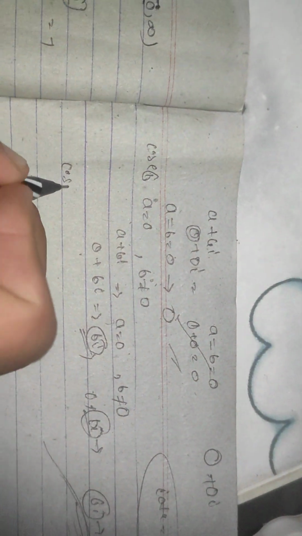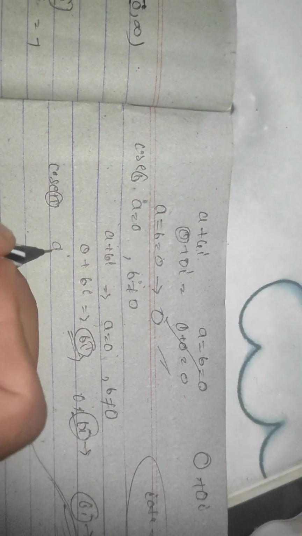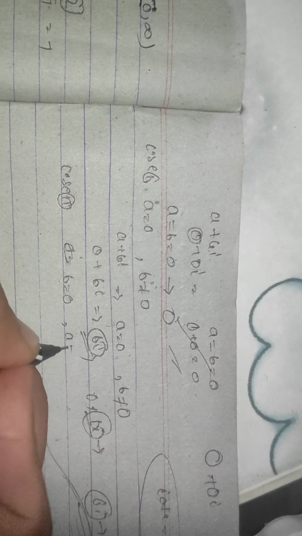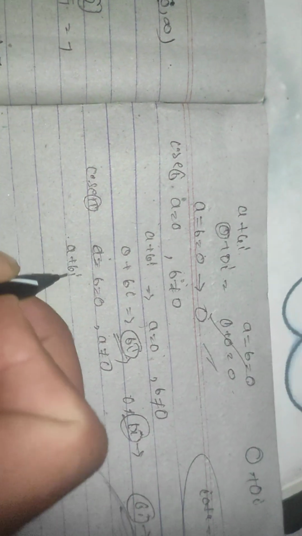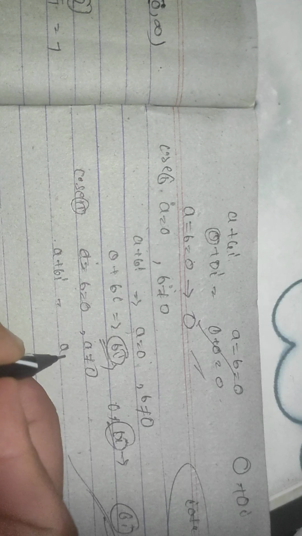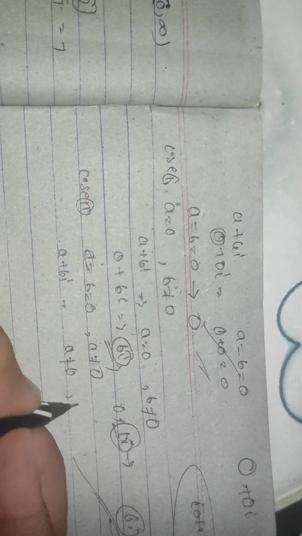Think again. Case 2. What if b equals 0 but a is not equal to 0? Let's see. This is the complex number. Here a is not 0 but b is 0.